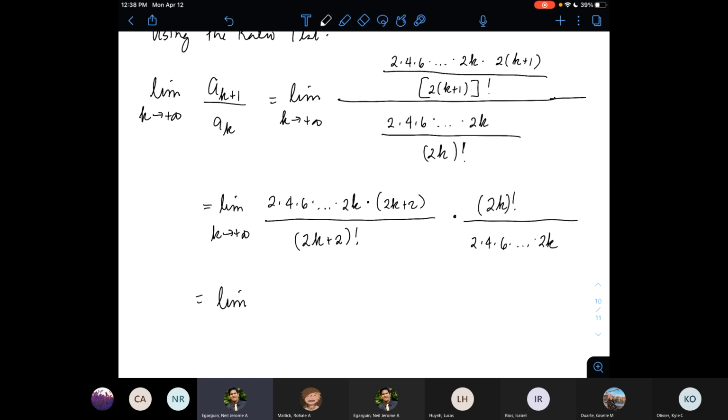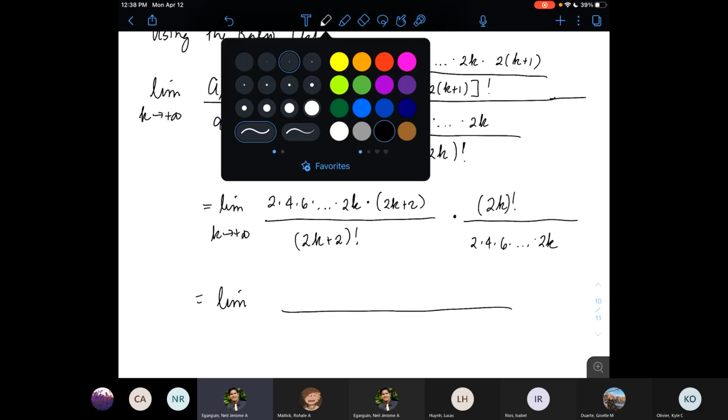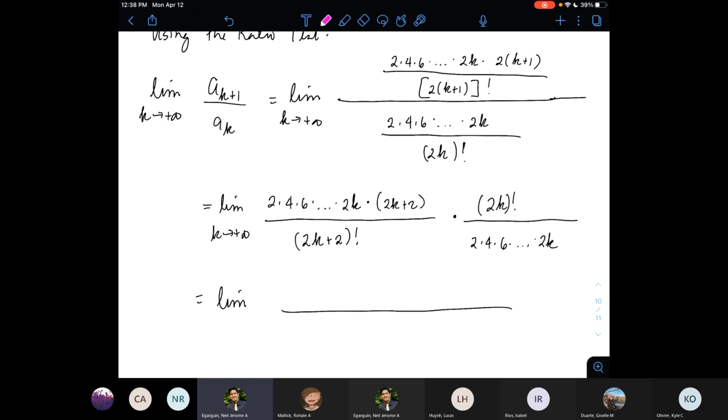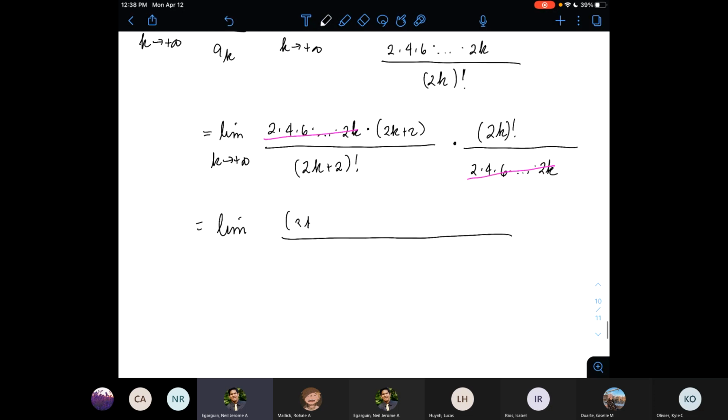Now we need to identify what are the factors that will eventually be canceled. Well, it's easy to see that here the factors 2 until 2k will be canceled. So we'll be left with a 2k plus 2 here.